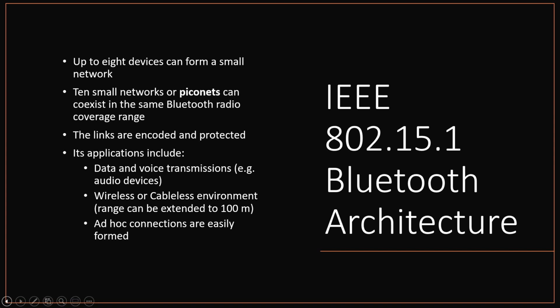So a wireless or cableless environment provides mobility, and it is also very comfortable to use, and the range can also be extended to 100 meters using amplifiers. And the third application is that as the connections are ad hoc, they can be formed very easily, so nodes can join and leave whenever they want. This is one of the more generic advantages of personal area networks.